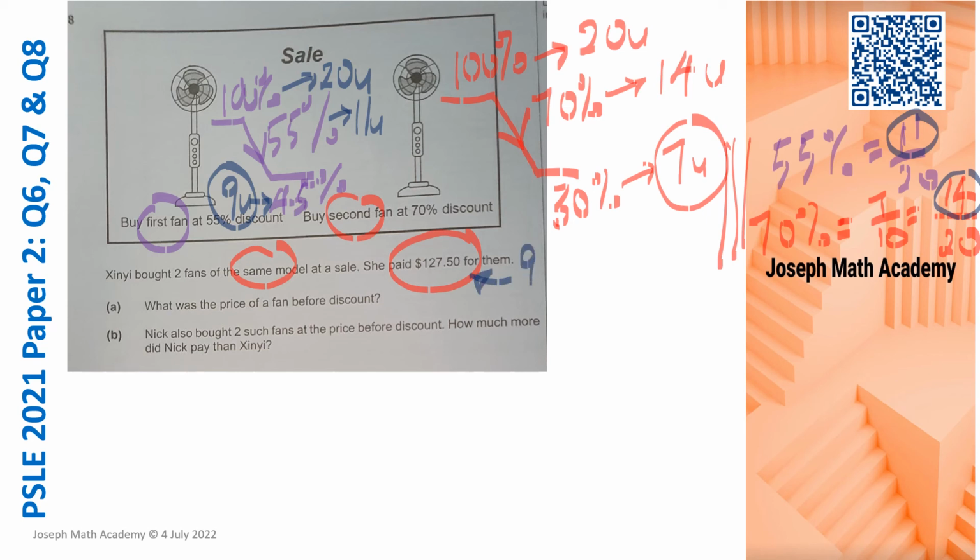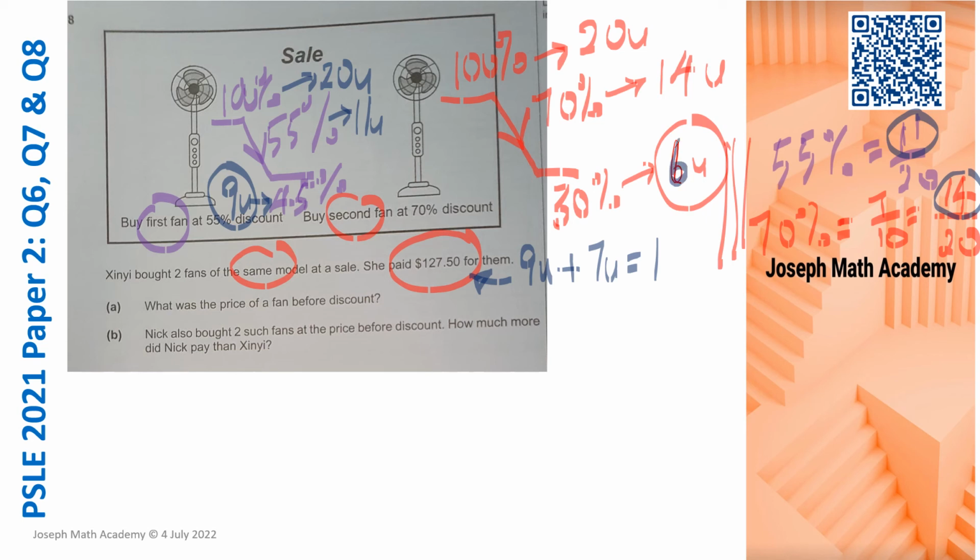Xing Yi paid 9 units for the first fan and 7 units for the second fan. Xing Yi paid a total of, pardon me, this is not 7. This in fact is 6 units. Okay, right, so this is 6 units.